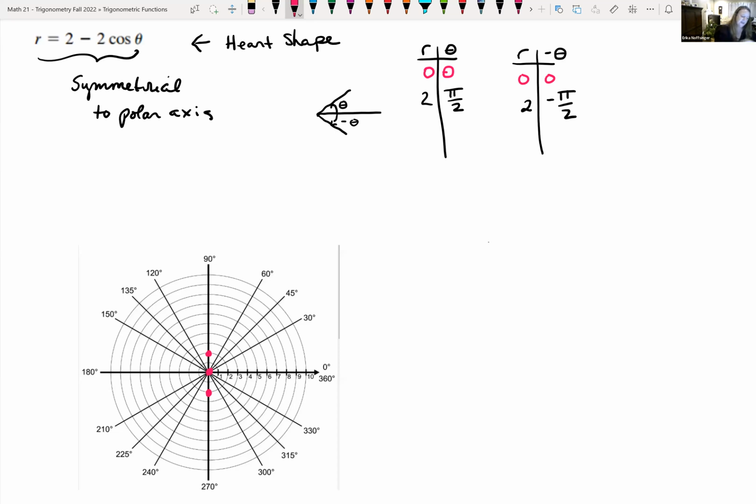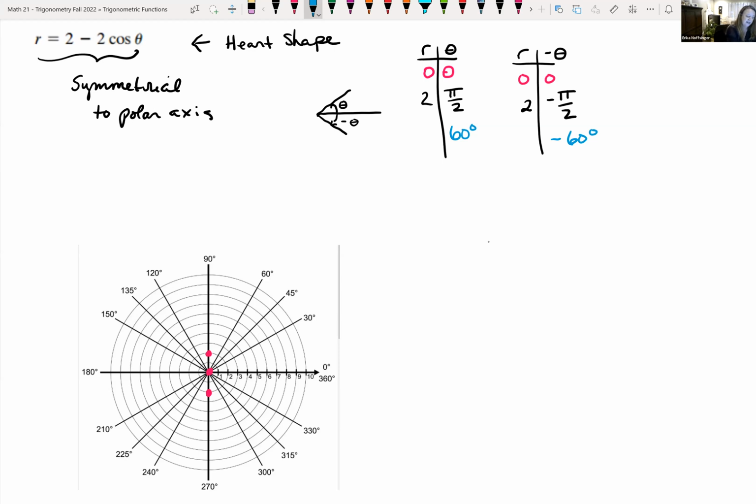So let's look at 60 degrees, which is a little easier. And I'm writing them on the wrong side. So 60 degrees should go here, and negative 60 degrees would be over here. Cosine of 60 degrees, I know, is 1/2.